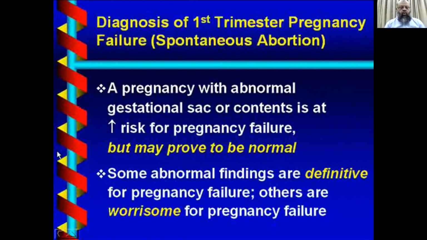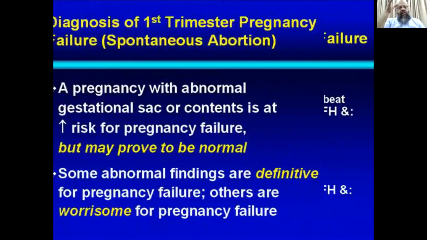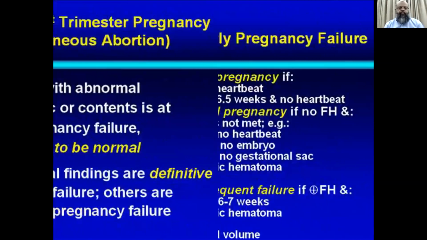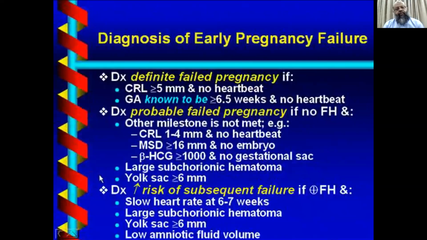Let's see how we do the diagnosis of early pregnancy failure. The diagnosis: definite failed pregnancy. If CRL is above 5 millimeters and no heartbeat.